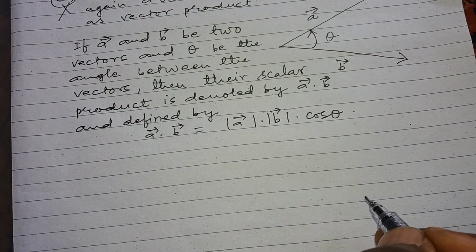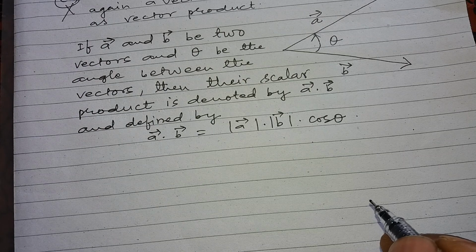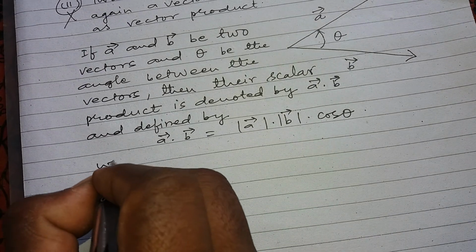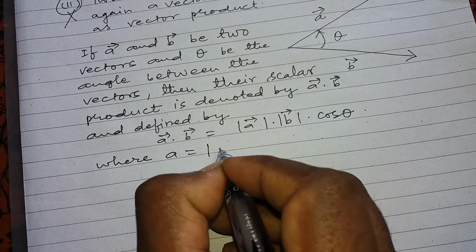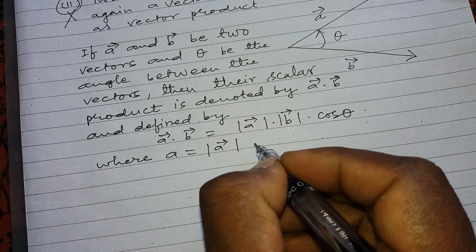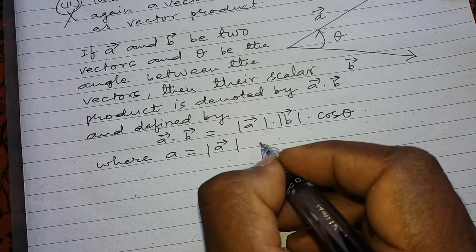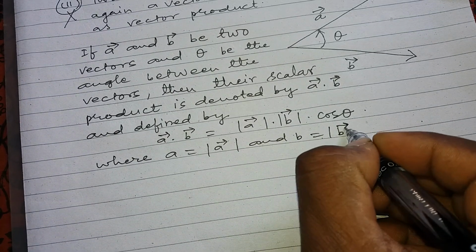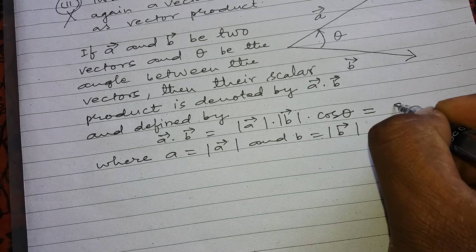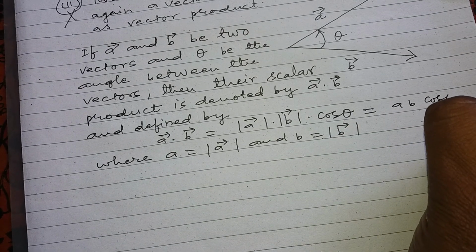This is the definition of scalar product of two vectors, where A is magnitude of vector A and B is magnitude of vector B. So we can write AB times cos theta also.